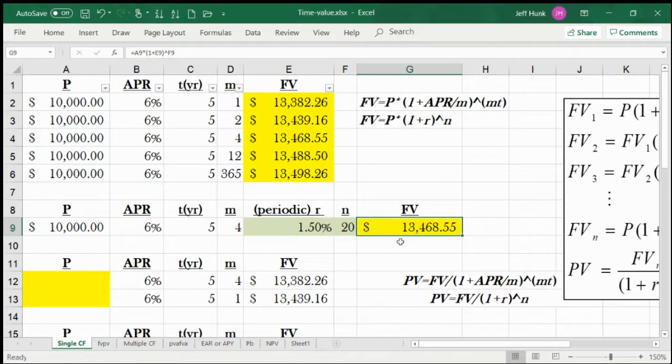Then, what's the benefit of that? The formula can be simpler. Now, there's another benefit that comes with the simplicity.